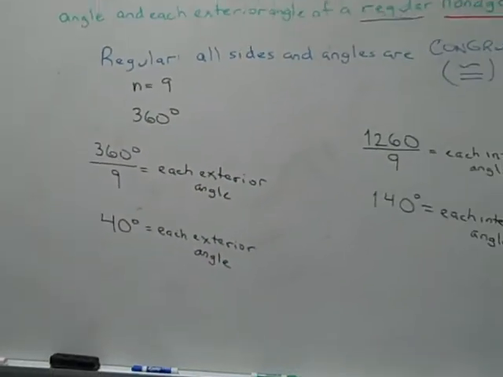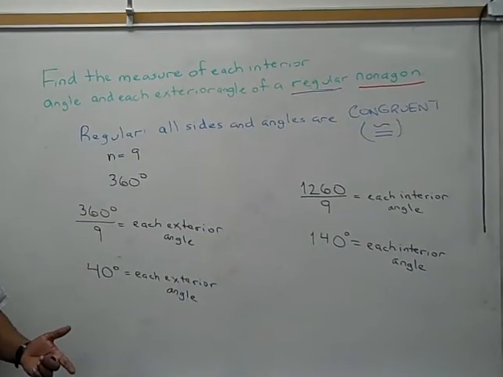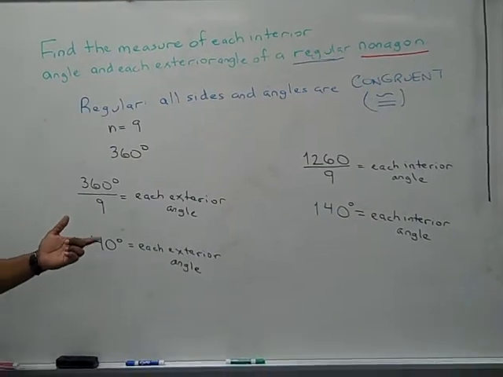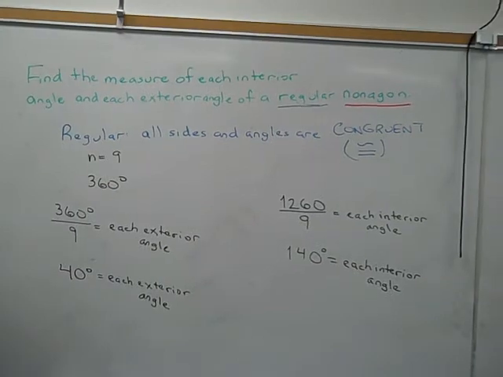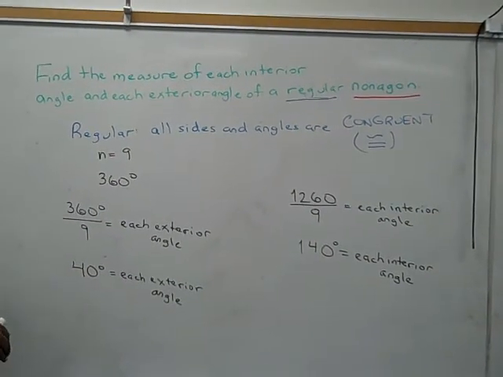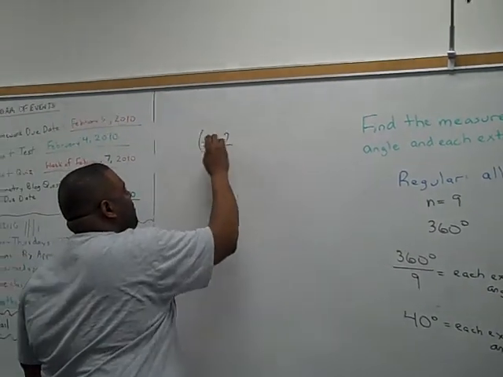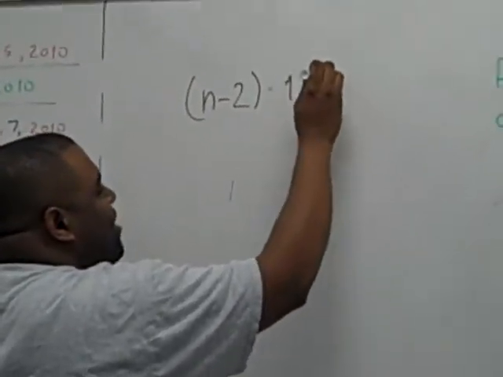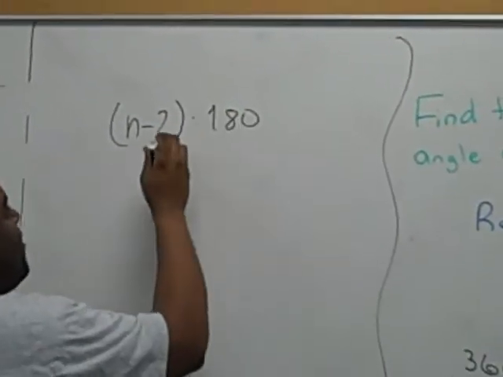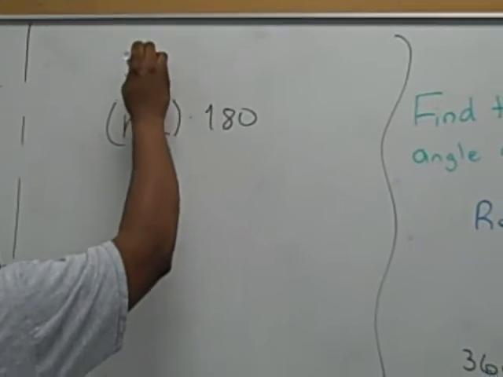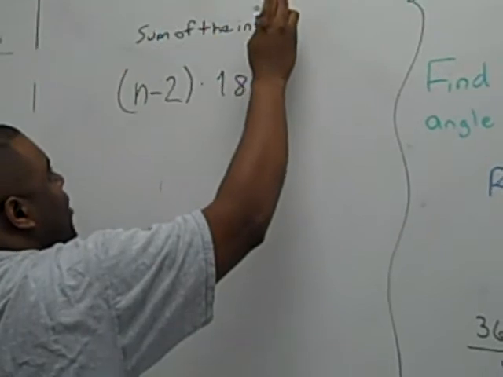So, to sum up what we've learned today, all it takes is taking the number of sides of any polygon, subtracting 2, and multiplying by 180, and that gives you the sum of the interior angles. Let me write that down one more time. n minus 2 times 180 degrees gives us the sum of the interior angles.